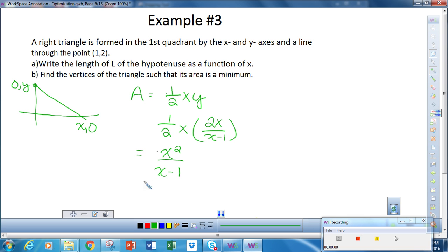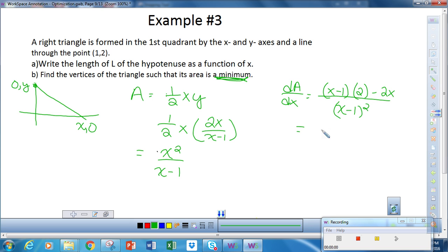Now, in order to determine if it's a minimum, I've got to take the derivative. So we take the derivative of this, and we're going to have to use the quotient rule. So we get the derivative of A with respect to x. We do low times the derivative of high minus high times the derivative of the low, all over low squared.